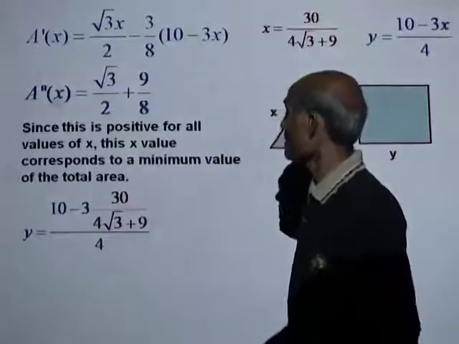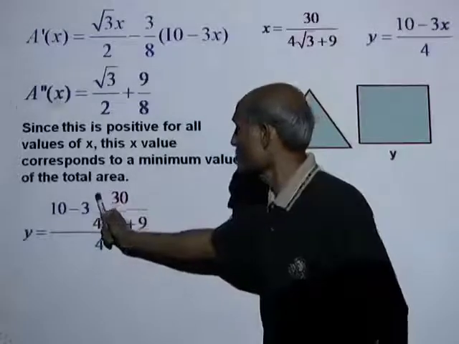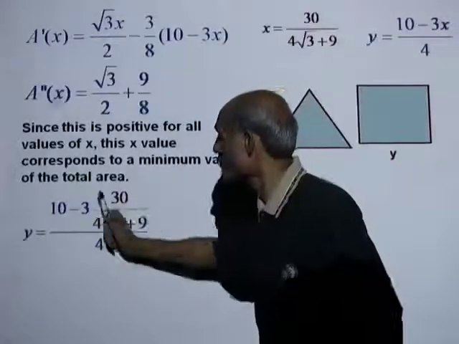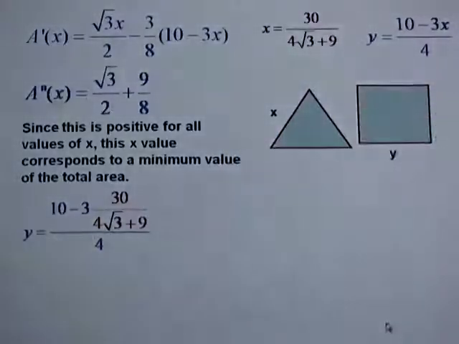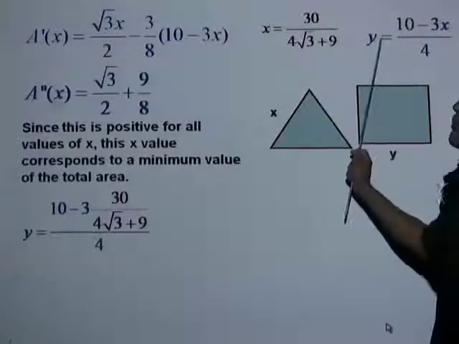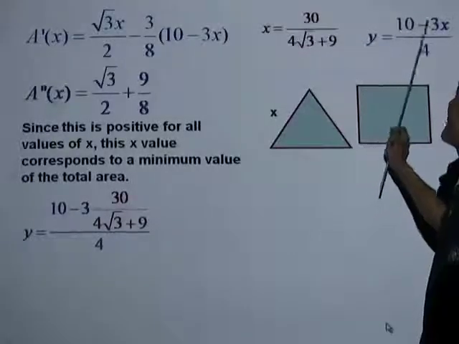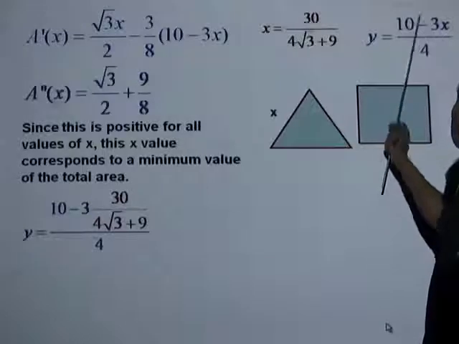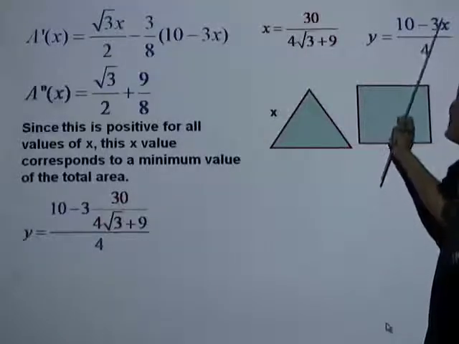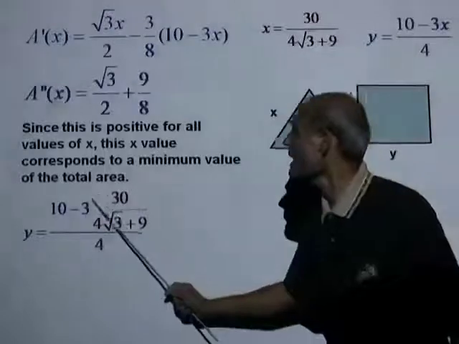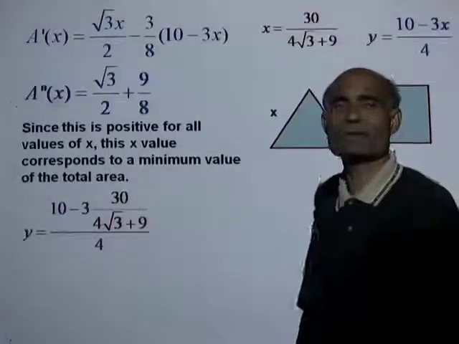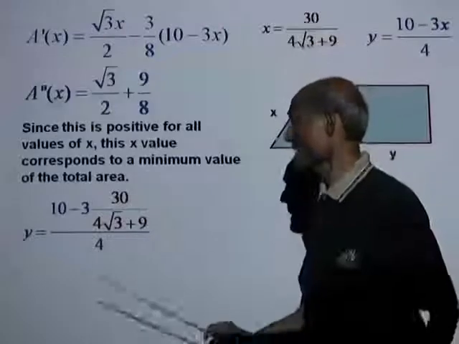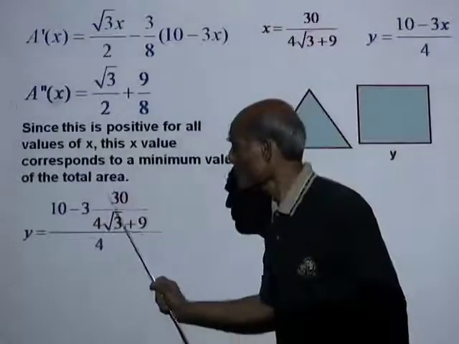See, we replace our x by this quantity to find the value of y. I hope you remember that relation. We have it here. y equal to (10 minus 3x) divided by 4, and in that, x is replaced by 30 over (4 square root 3 plus 9). And simplify that. Can you simplify this without any trouble?